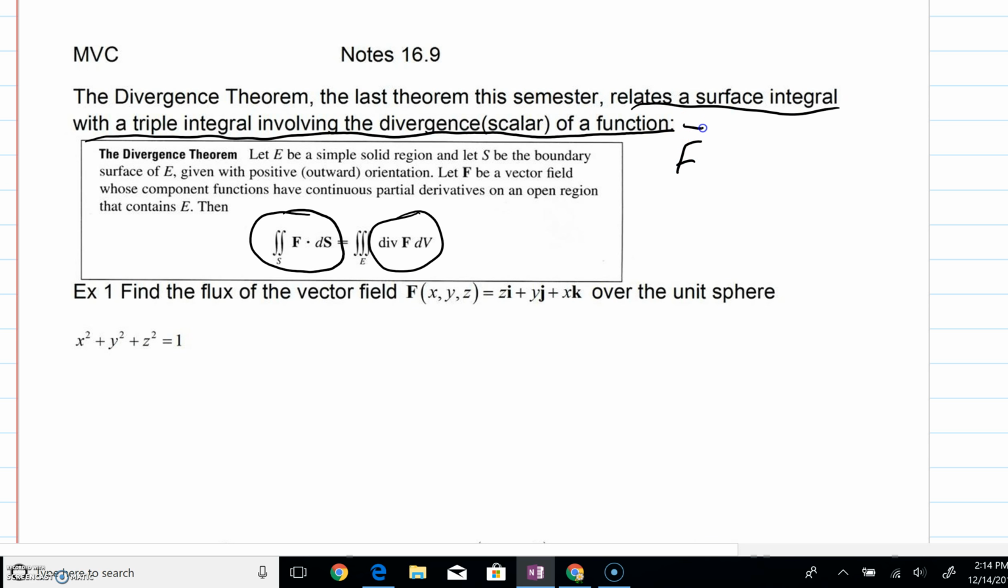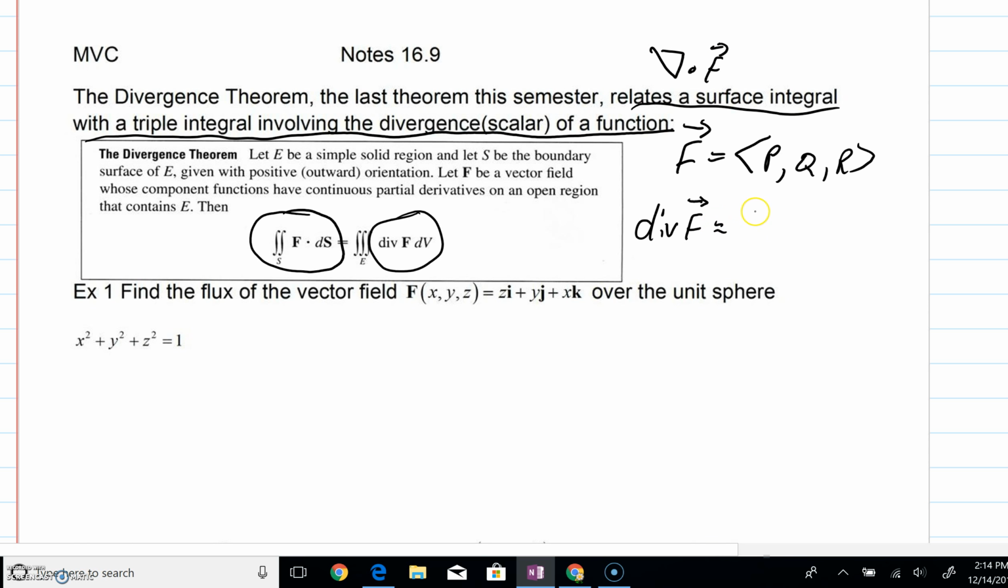Now, recall that if f was defining your vector field with p, q, and r, the divergence of f, remember, that was like the del operator with the dot product here.